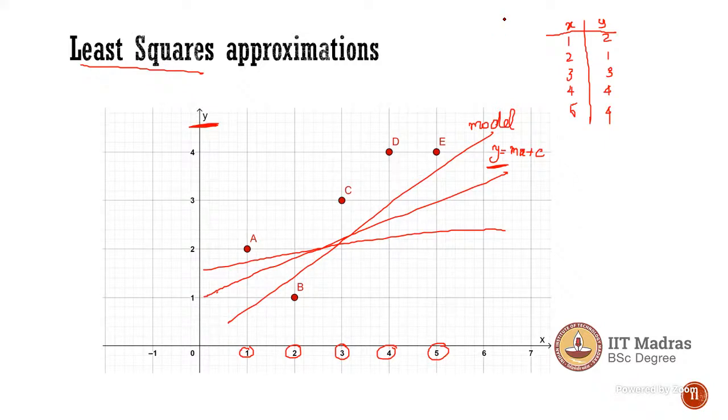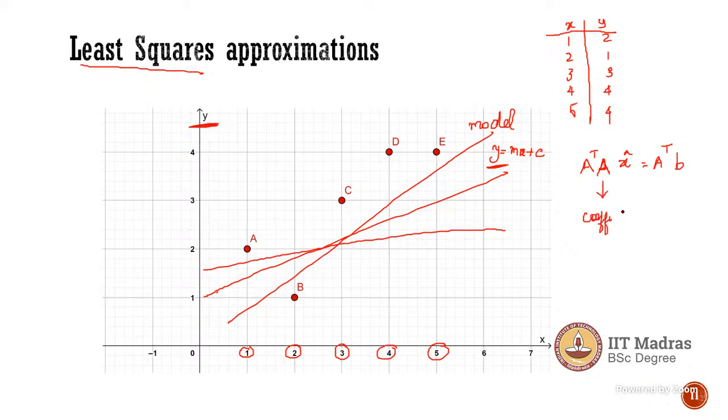In order to find this, we are going to approximate using our least squares approximation method, that is A transpose A x hat equal to A transpose b. A is a matrix formed from the coefficients of this line.